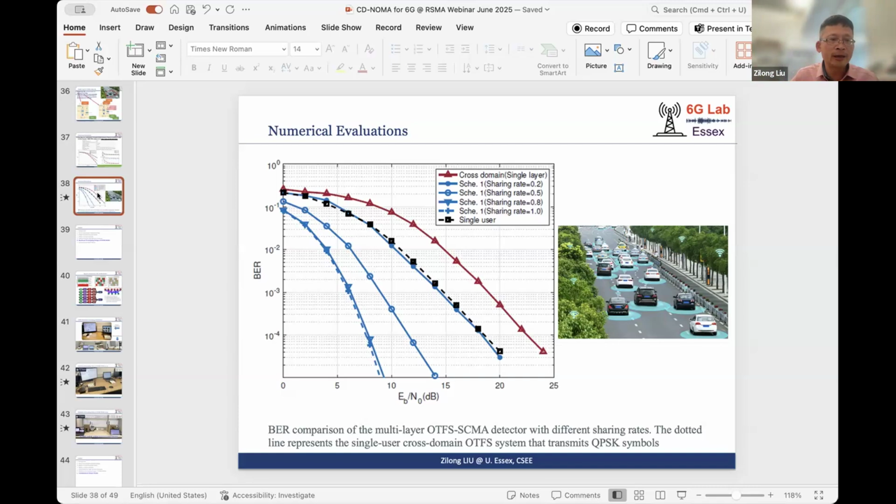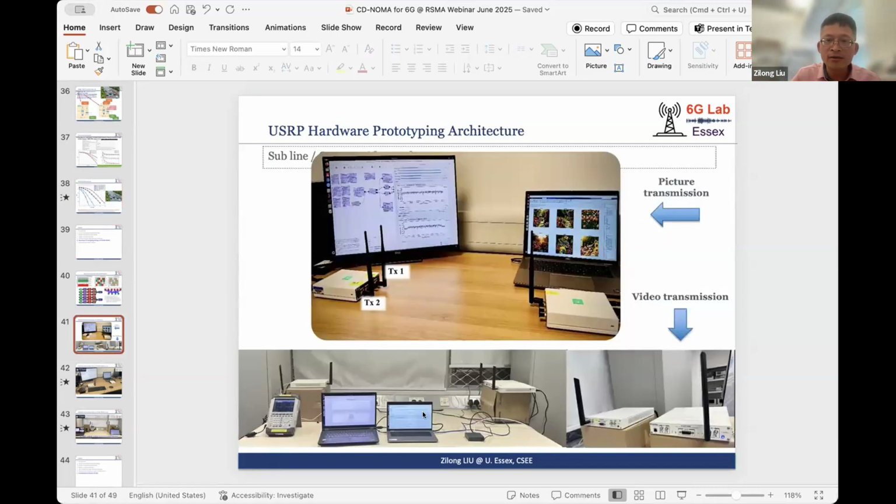Here it is the uplink OFDM SCMA transmission. Even for the picture transmission, we have aligned the two transmit antennas in the time domain, and we want to control the timing. We haven't done so, but we can achieve a very smooth video transmission.